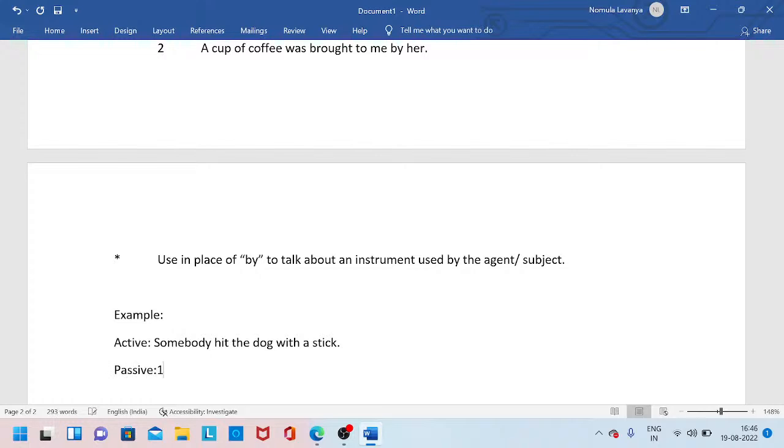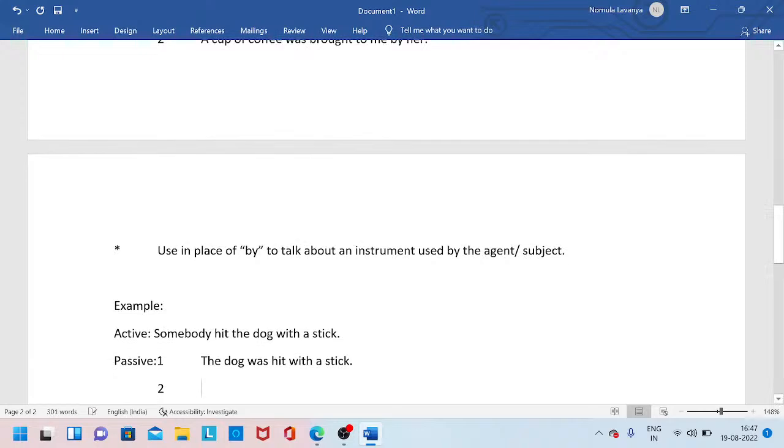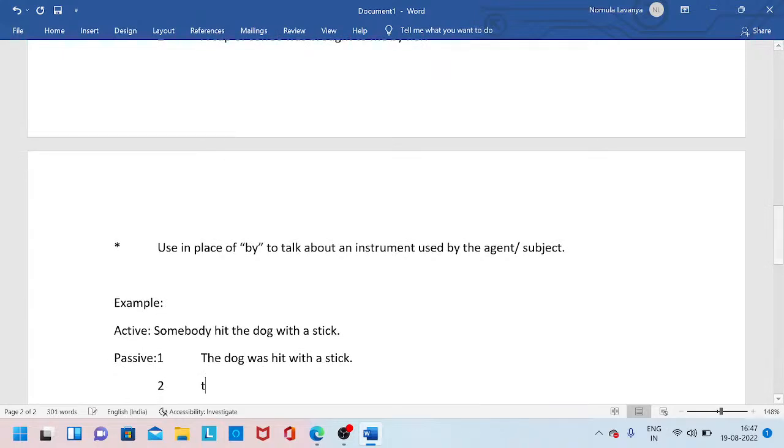So I'll give you one first. The dog was hit with a stick is one sentence. And let me do the second one: the dog was hit by a boy is also possible.